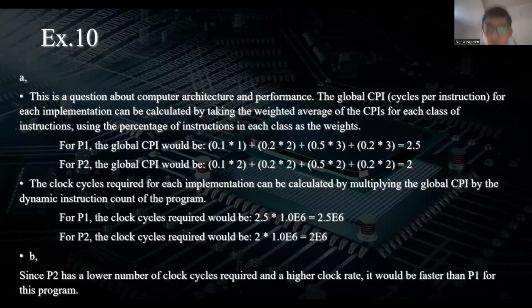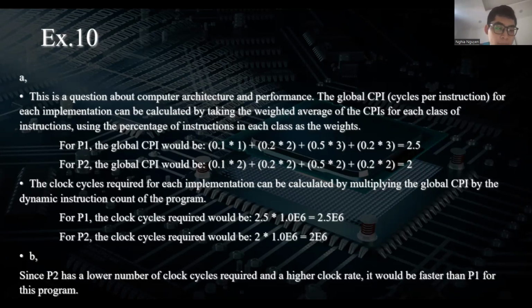The global CPI for each implementation can be calculated by taking the weighted average of the CPIs of each class of instruction, using the percentage of instructions in each class.